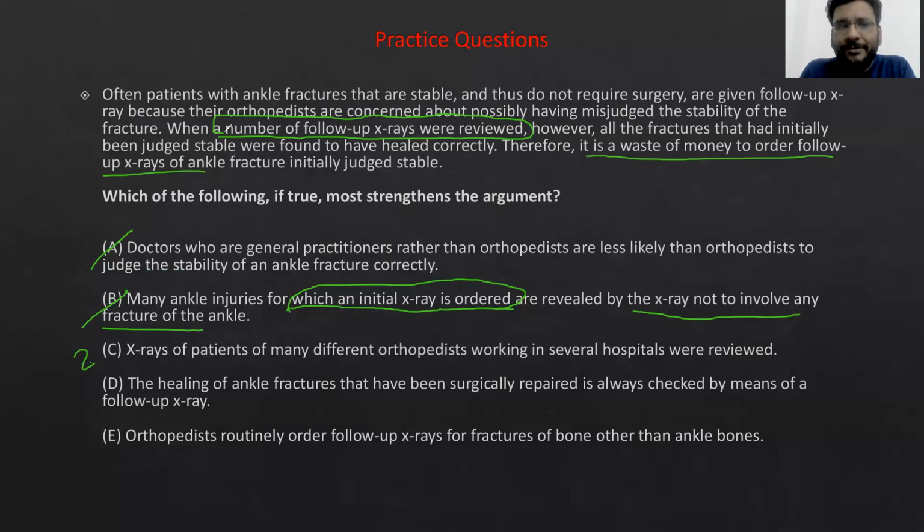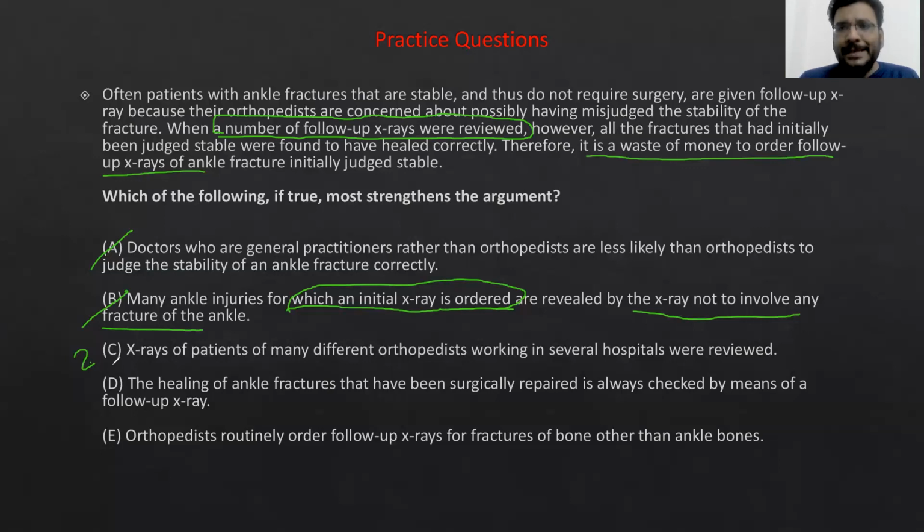But what if the review is based on not just one patient or one doctor? If it is based on different patients and different doctors, right? Then it would make sense for you to come to a conclusion that it's a waste of money to order follow-up X-ray, right? So that's exactly what option C says, right?